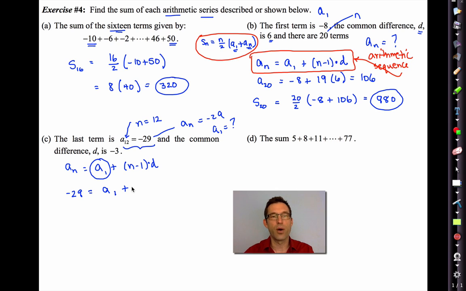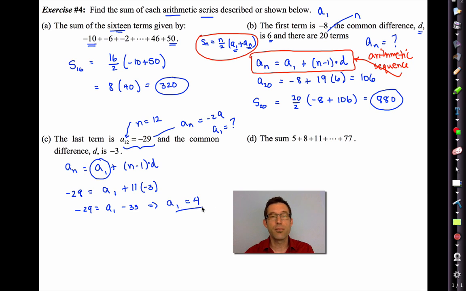We do know that we have 12 terms, so n minus 1 would be 11. And we do know what the common difference is. It's -3. So I'll get -29 equals A1 minus 33. And if I add 33 to both sides, I'm going to find that my first term was +4. All right? But now we have everything we need, right?